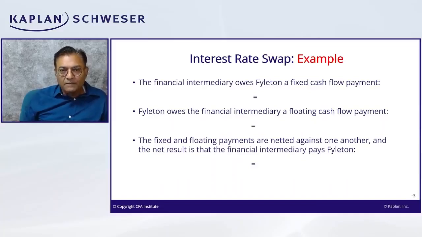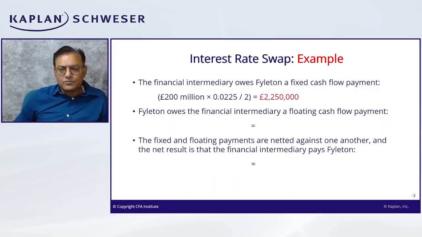Remember, Falcon is the receiver, so they will receive 2.25% divided by 2, because of 6-month settlement, multiplied by 200 million. And that gives you 2.25 million as your fixed interest receipt. And you have to pay interest based on the floating rate, which is given to us as 1.95. Don't forget, divide that by 2 as well, and you get 1.95 million as your floating payment.